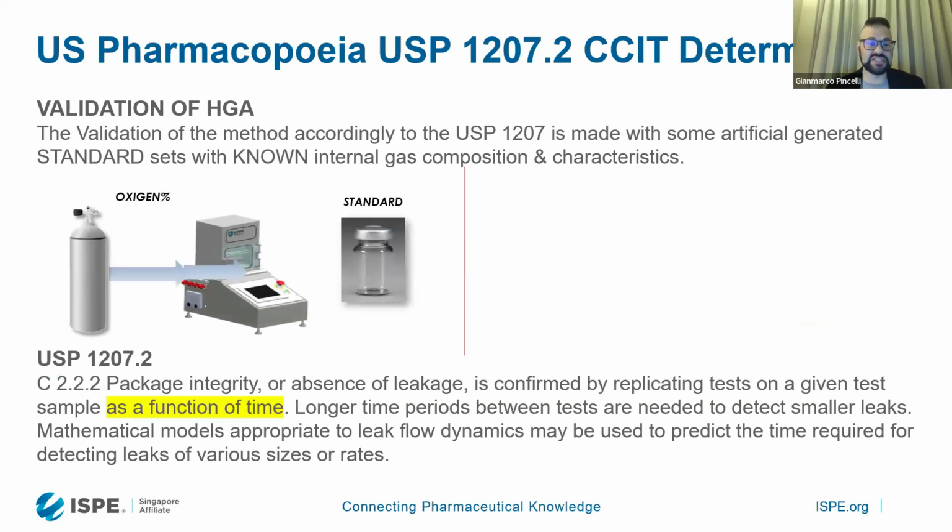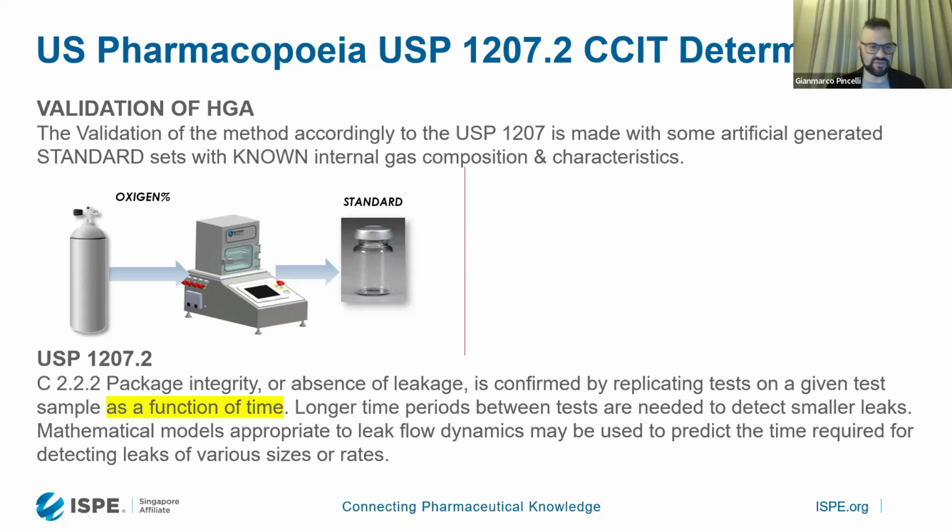Validation of a headspace gas analysis system is done using some standards. For example, if you have oxygen, we purchase tanks with a certification of the oxygen percentage, we cap the product and we make the standards. These standards have a controlled level of oxygen inside.